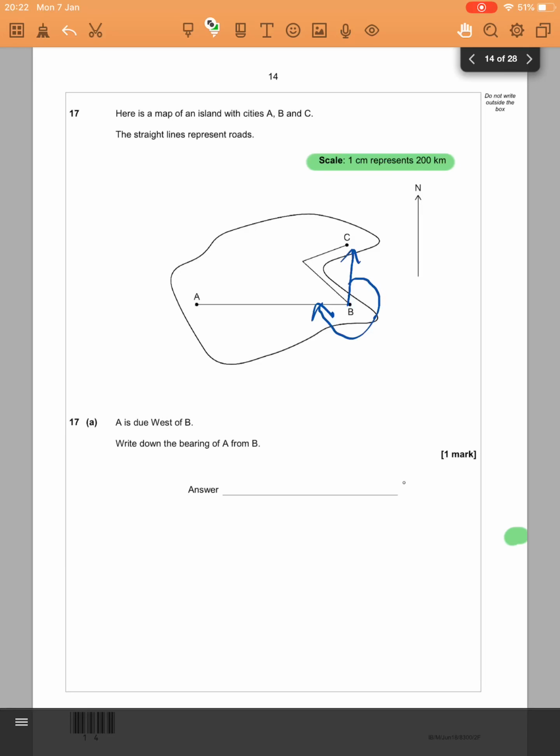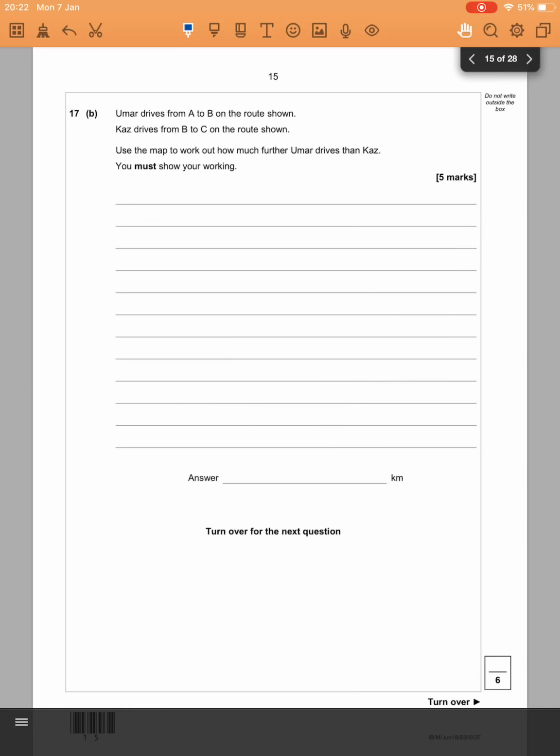1 centimetre is 200 kilometres. So we can work out the length of AB. The length of AB is, well, they would accept between 6.3 and 6.7. We'll do 6.5.